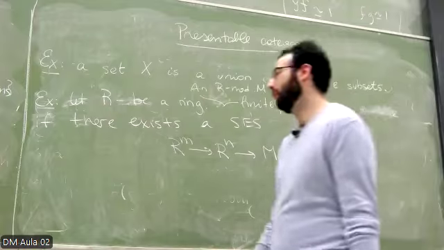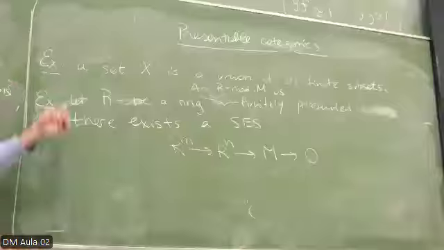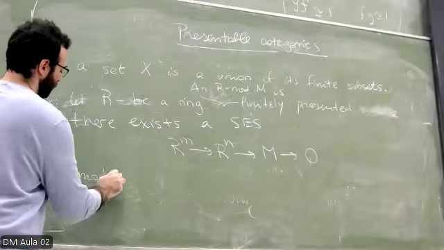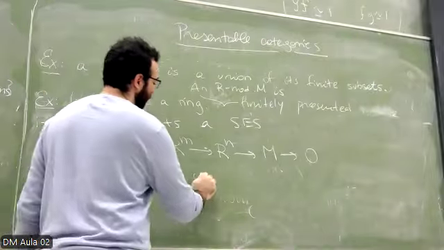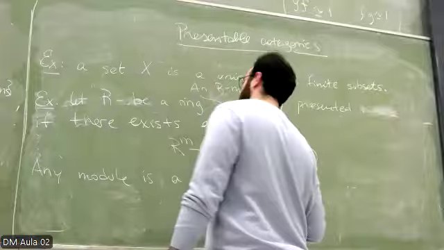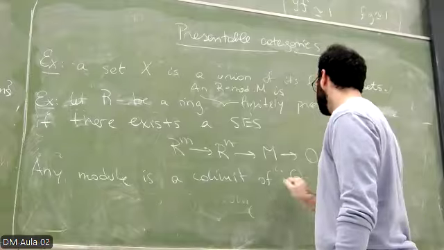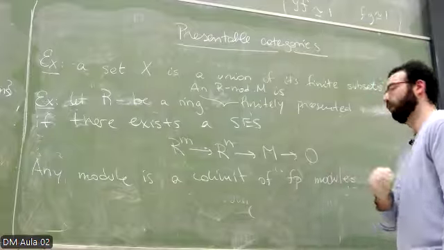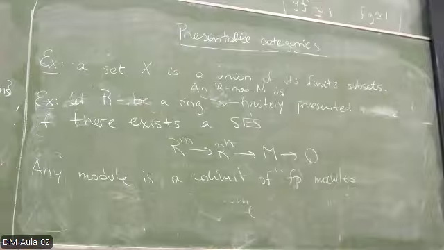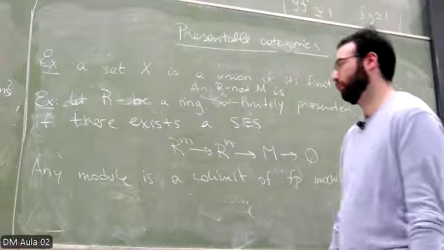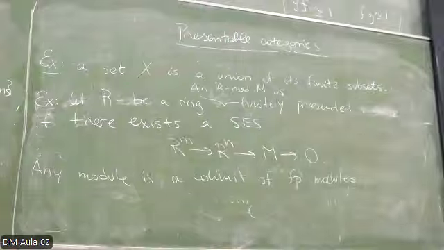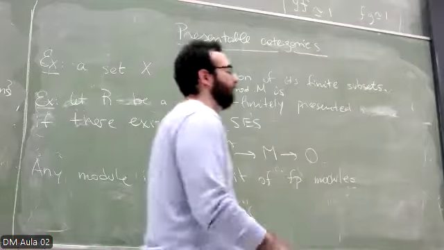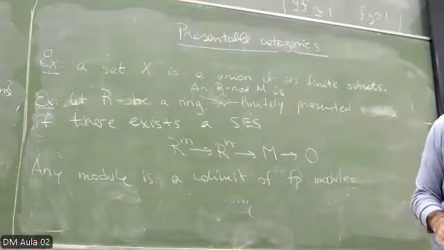Okay? And now a non-trivial fact, much harder than the one for sets: any module is a colimit of finitely presented modules. Okay. If I were saying just finitely generated, then you can do a very similar argument as for sets.